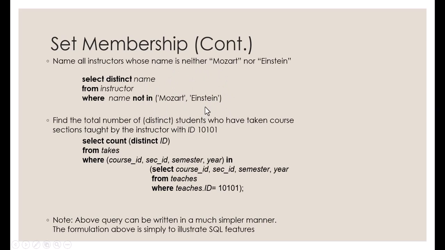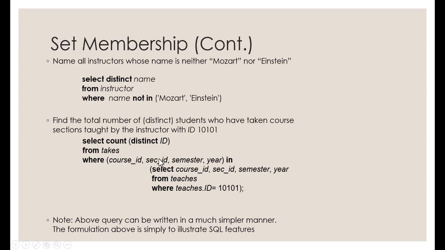Okay? Find the total number of distinct students. So if you are looking at total number of something, that's going to be a count. Okay? Aggregate function count distinct ID, who have taken course sections taught by the instructor with ID 10101, right? So we're selecting count distinct ID from takes where, so it's not just a single attribute here, but it's a combination of course ID with the section, with the semester and year in, and then we have a subquery. So make sure these match these.